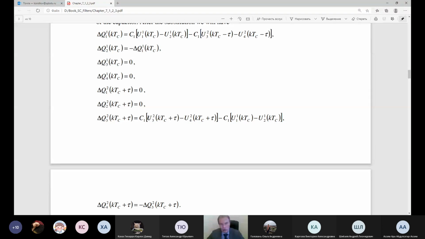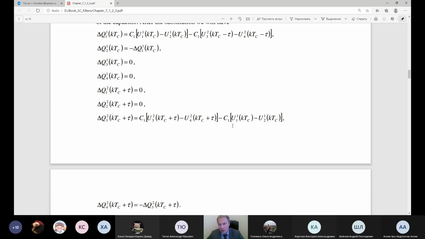In other words, the voltage drop on the capacitor will be equal to this difference in the square bracket. Тут будет равно разности в квадратных скобках вот здесь. And of course, it is necessary to delete from this charge the charge that it was one clock before.